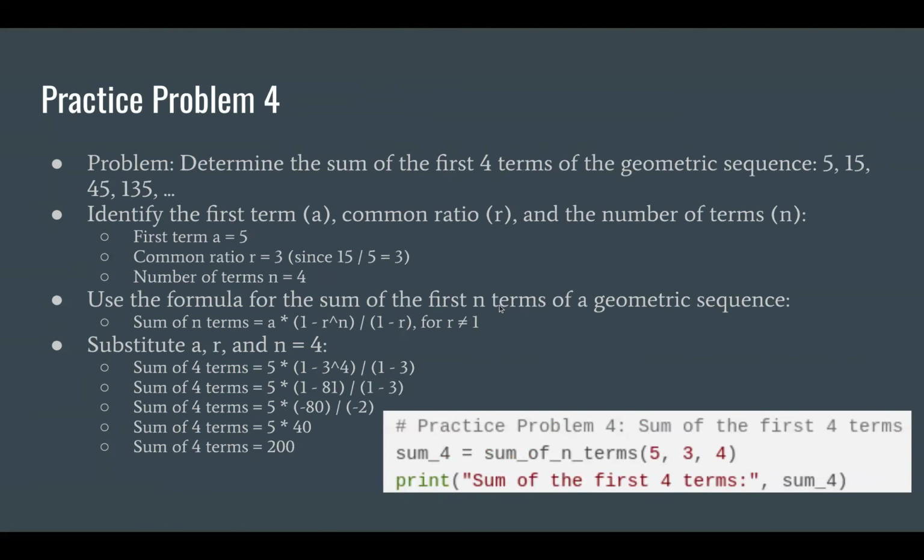Practice problem 4: determine the sum of the first 4 terms of the geometric sequence 5, 15, 45, 135. Similarly, you want to identify the first term A, common ratio R, and the number of terms N. The first term A is 5, the common ratio is 3, and the number of terms is 4. So we can use the formula for the sum of the first n terms, which is A times 1 minus r to the nth power divided by 1 minus r. Then we should be able to calculate.